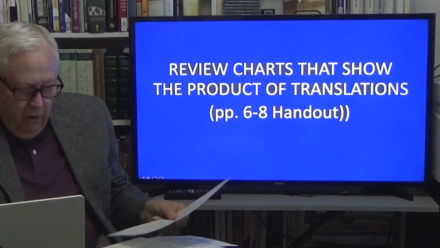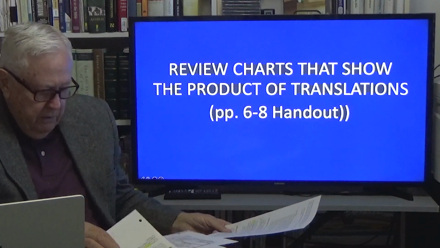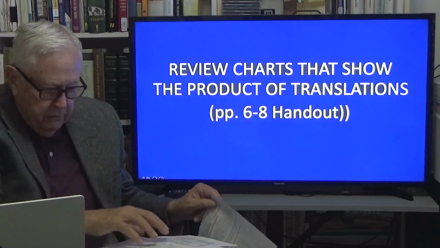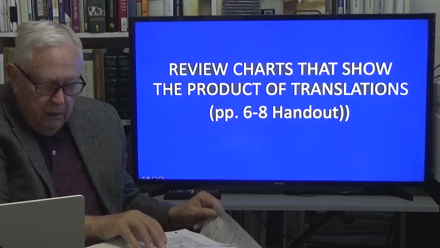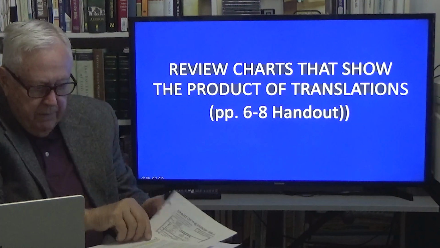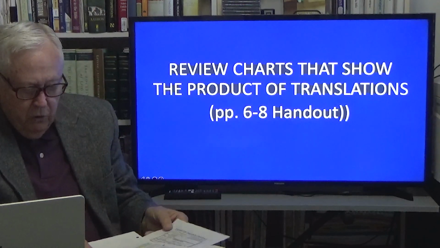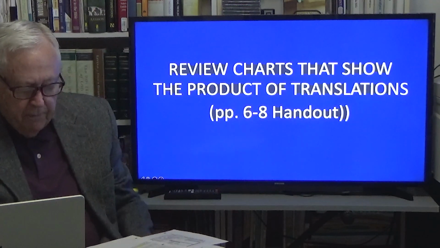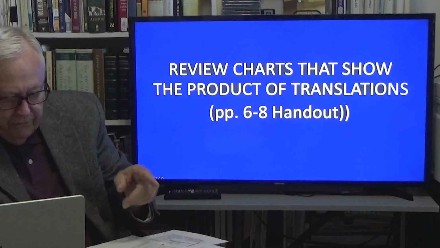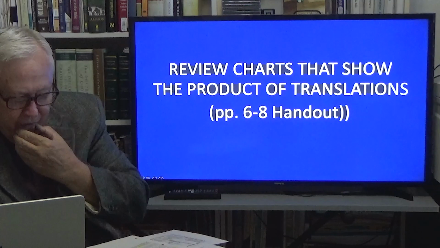All right, on page 5, depending on how your thing's printed out, it may be a little bit at the top of the page, disconnected from the chart I just said. Page 5, if that starts at the top where KJV's on the left, you need to write formal, functional, and paraphrase so that you know which ones are there.